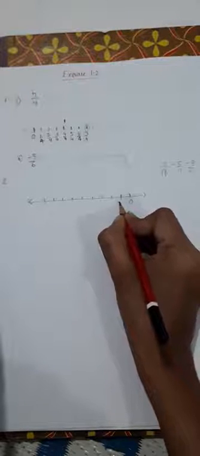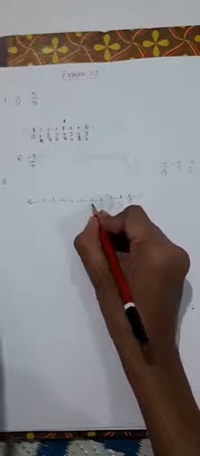So it is minus 1 by 11, minus 2 by 11, minus 3 by 11, minus 4 by 11, minus 5 by 11, minus 6 by 11, minus 7 by 11, minus 8 by 11 and minus 9 by 11.